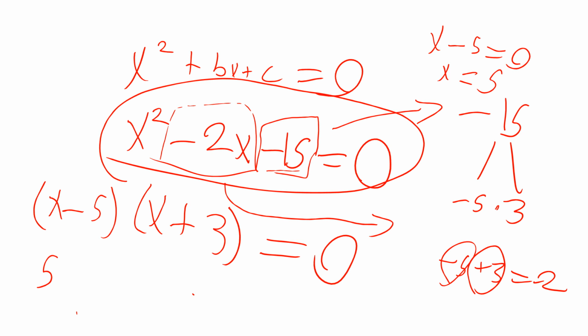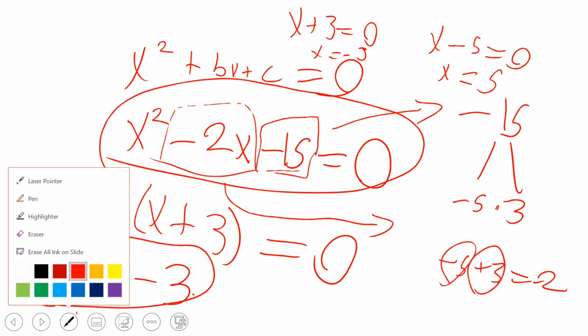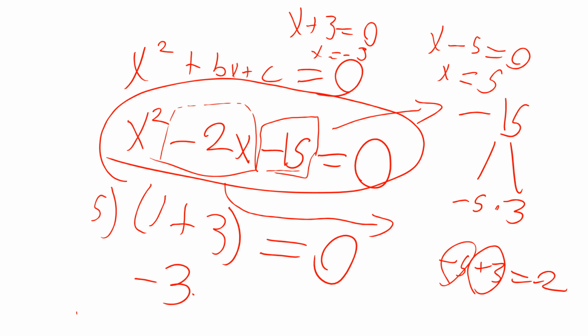Most of the time we're going to have two solutions, sometimes we have one. And x plus 3 is equal to 0, so x is obviously negative 3. 5 and negative 3 are our solutions. That's how you would factor and solve a quadratic of that form.